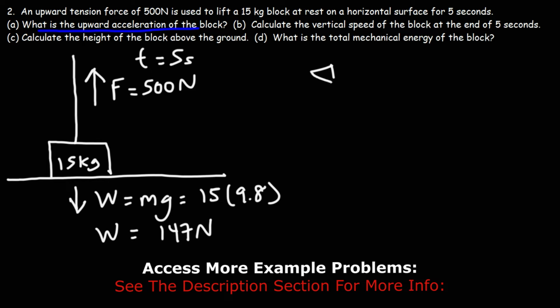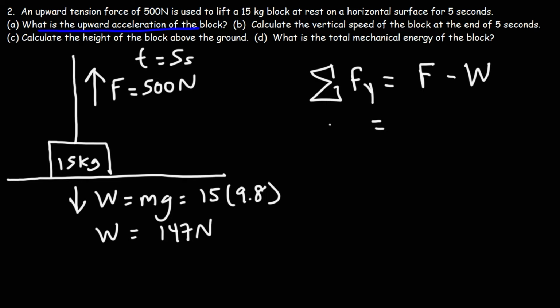Now the net force in the y direction is the sum of those forces. F is positive, W is going to be negative because it's going down. So we have an upward force of 500 newtons minus a downward force of 147 newtons.